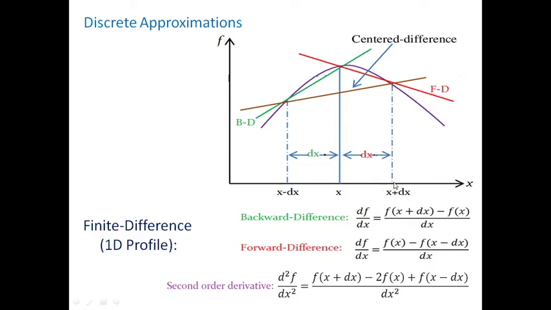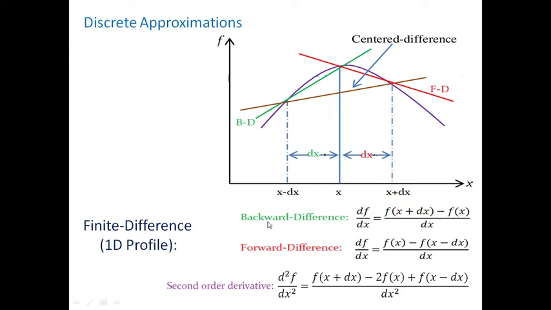The magnitude at x plus dx on this curve is f of x plus dx, and the magnitude at x is f of x.